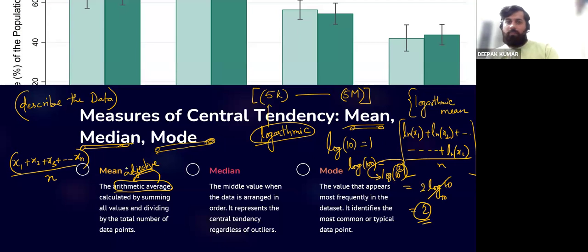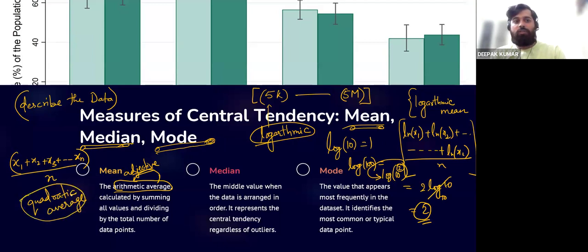Another thing I am trying to focus upon: other than the arithmetic average, we have certain averages like the quadratic average. We also have other averages, say, the geometric mean. Have you heard this in your 10th class or 11th class anytime? And one more mean, if I remember correctly, is the weighted mean.